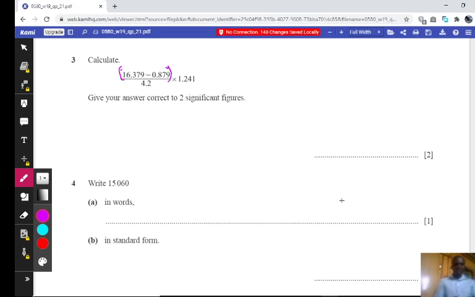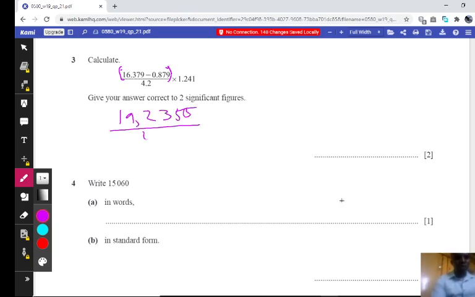16.379 minus 0.879, then close bracket, then say times 1.241 equals, then you get the answer here. The answer you get is 19.2355.